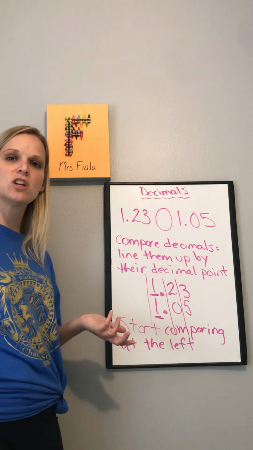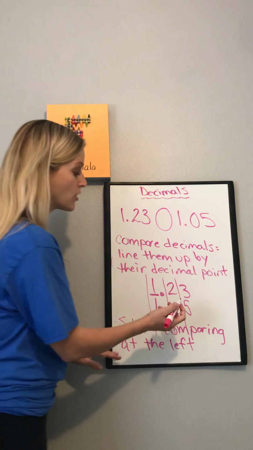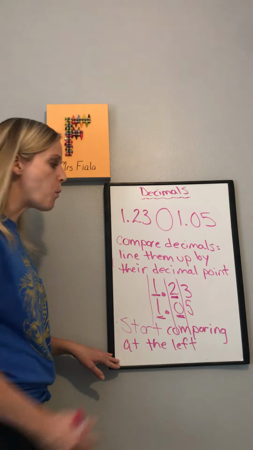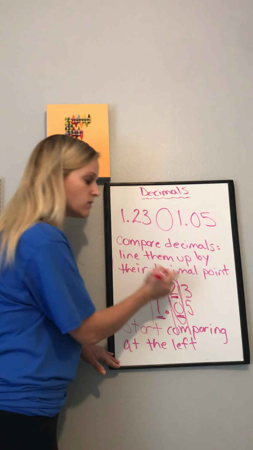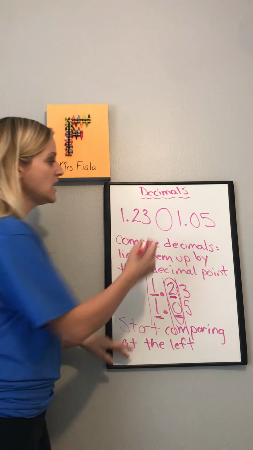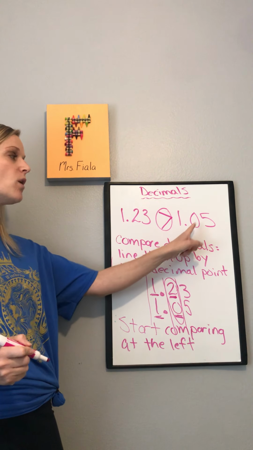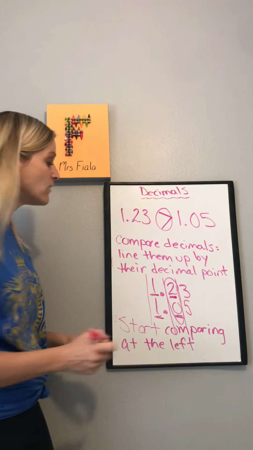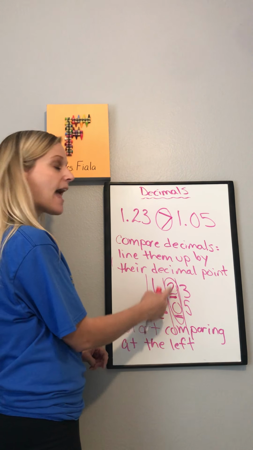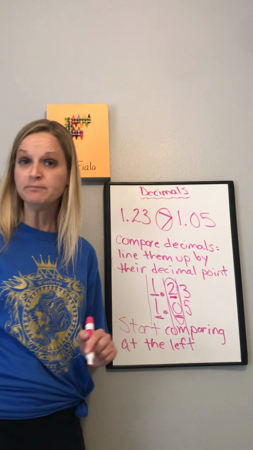Those are the same digit, so I'm going to keep going. Go to the next place value. 2 and 0. What's greater? 2 or 0? 2 is greater, so 1.23 is greater than 1.05. And where were those different? Where did I start comparing these? That is the tenths place, okay?